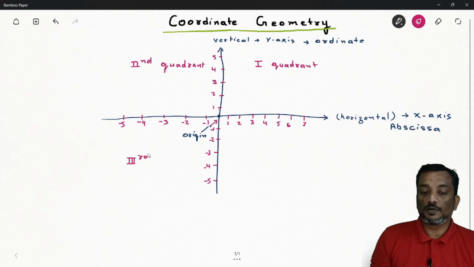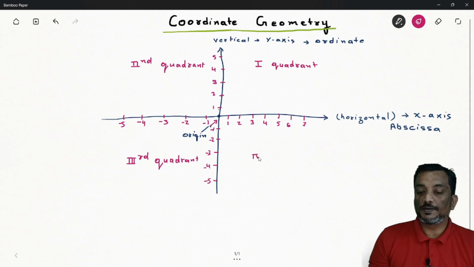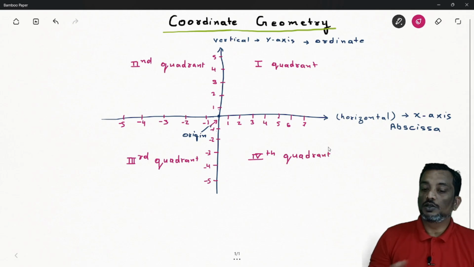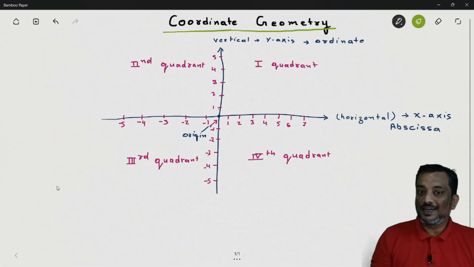And the last one is the fourth quadrant. So our graph is divided into 4 sections: the first, second, third and fourth quadrant. Now we write the coordinates.